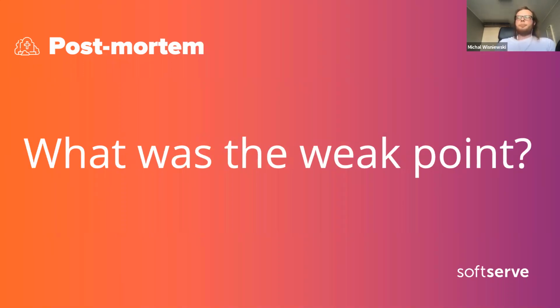Identify what the weak point was, because every attack has its target. It's usually preceded by enumeration, which basically gives the list of the weak points of the application. And if there was an attack, then you need to identify which technique the hacker used to perform it.